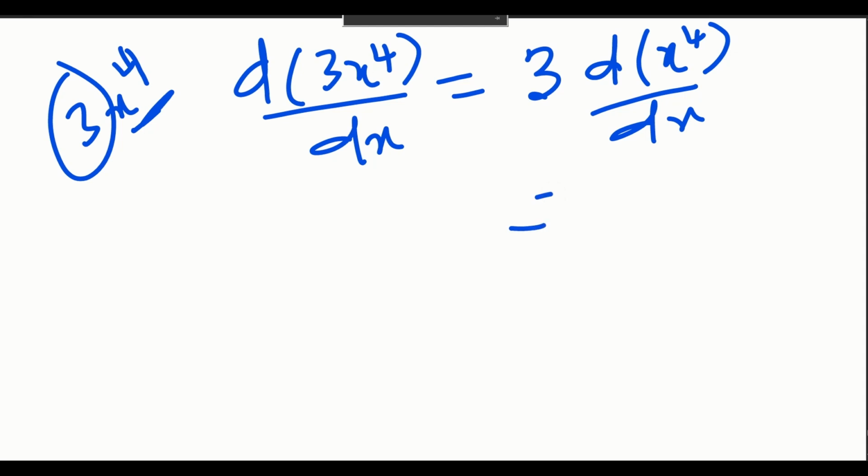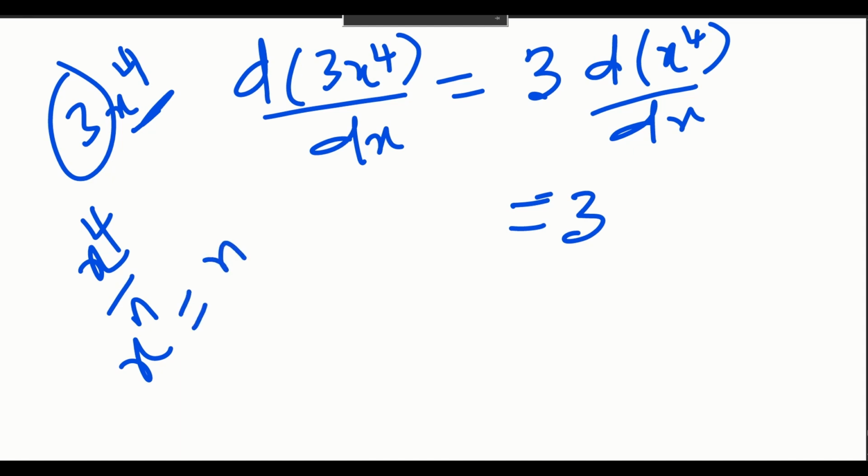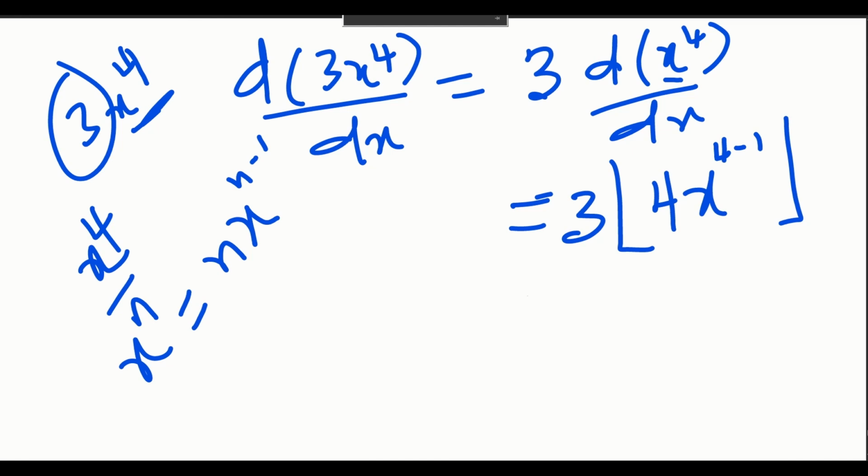Okay, now with the 3 outside, we can find the differential of x raised to the power 4, right? We know that it follows the general rule x raised to the power n, where n here is 4. So when I differentiate this, I get n multiplying x raised to the power n minus 1. So if I differentiate this, I get 4 multiplying x raised to the power 4 minus 1, which will give me 3 times 4 times x raised to the power 4 minus 1.